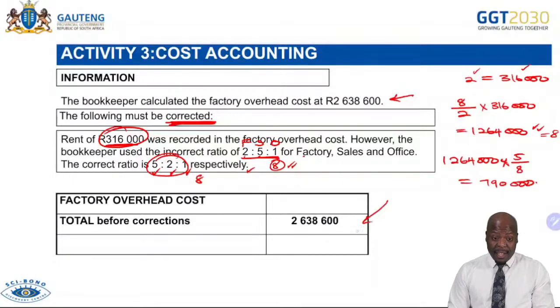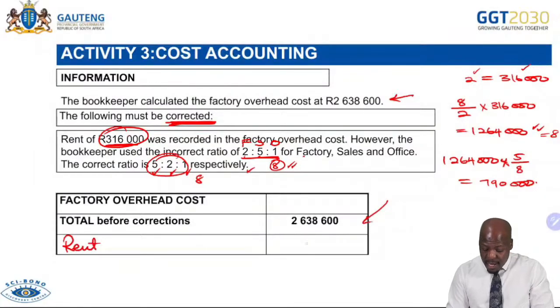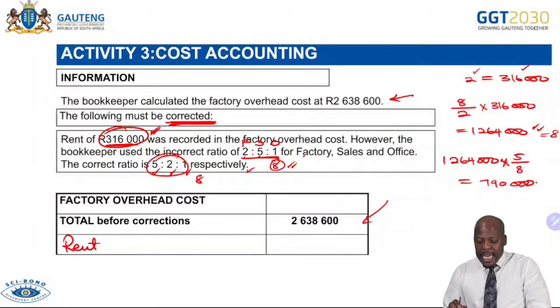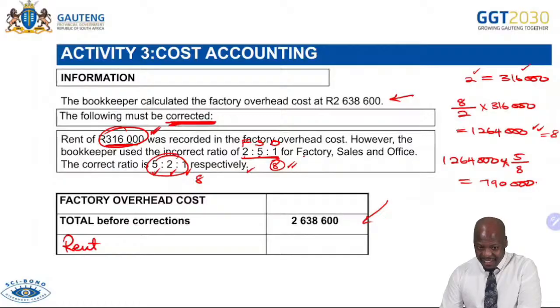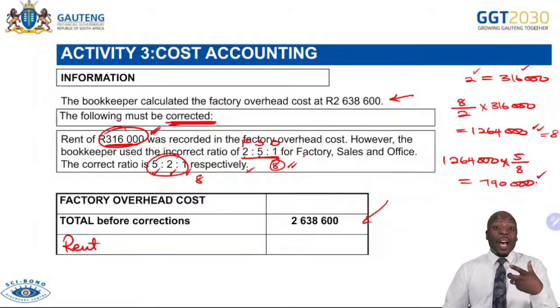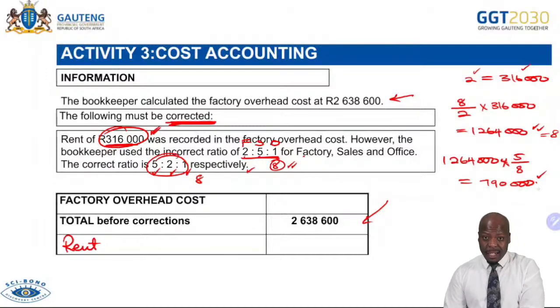Okay. So the situation that we have here is we have an amount of rent in the 2,638,600, and the amount for rent that is in there is 316,000. Yet we should have recorded 790. I'm going to say it again. We have recorded 316 when we should have recorded 790.